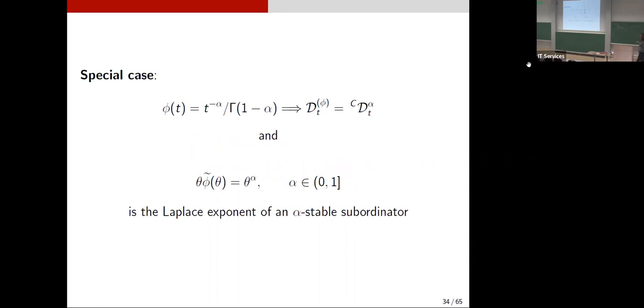In the special case where phi is again this power of t to the minus alpha, then, as I said before, the general fractional derivative coincides with the Caputo fractional derivative of order alpha, and the Laplace transform of phi multiplied by theta coincides with the Laplace exponent of an alpha stable subordinator.